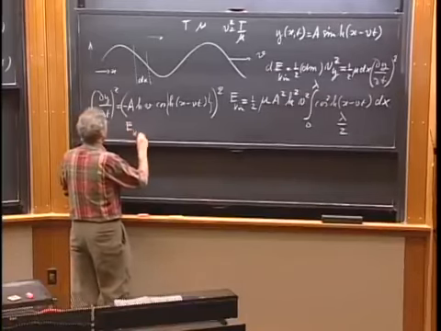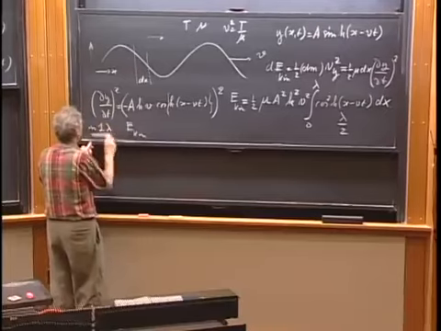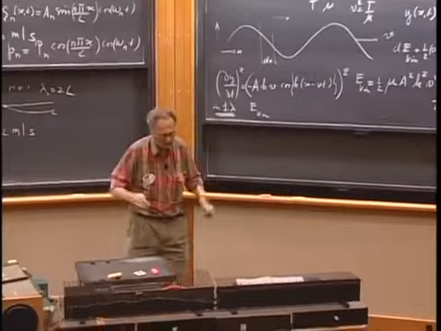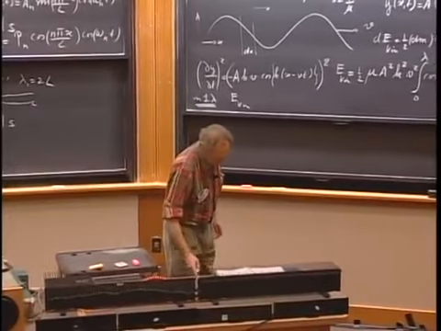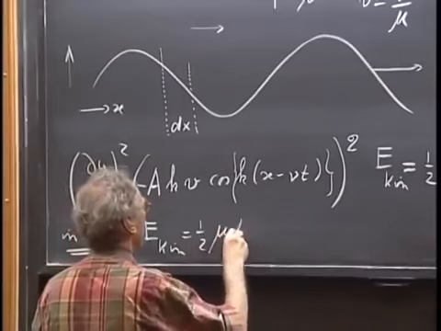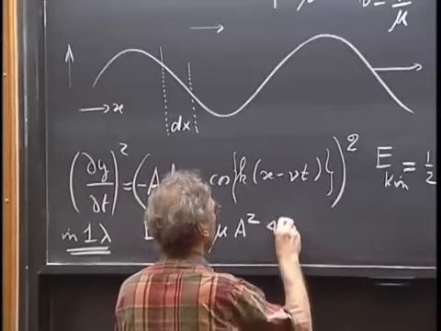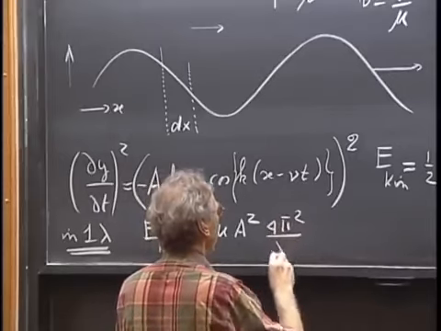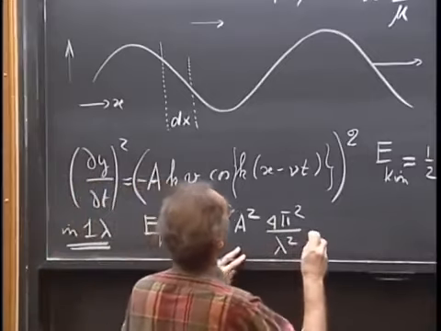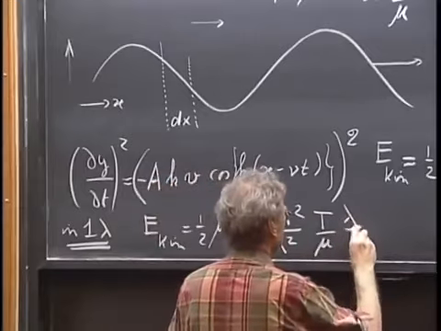So E kinetic now, and this is in one wavelength. This is my shorthand notation. All I'm calculating for you now is how much is in one wavelength. So you're going to get 1/2 mu, you get an A squared. The k squared I can write down as 4 pi squared divided by lambda squared. For the v squared, I can write down T divided by mu, and then I have my lambda over 2.